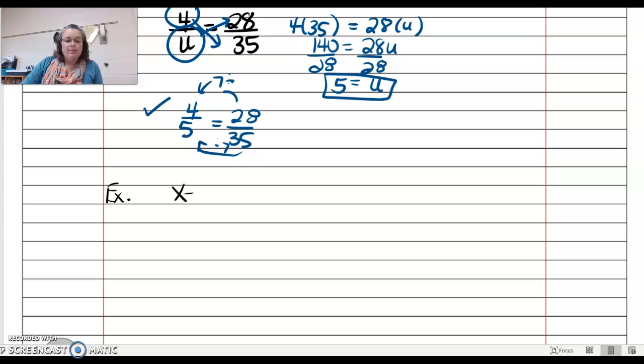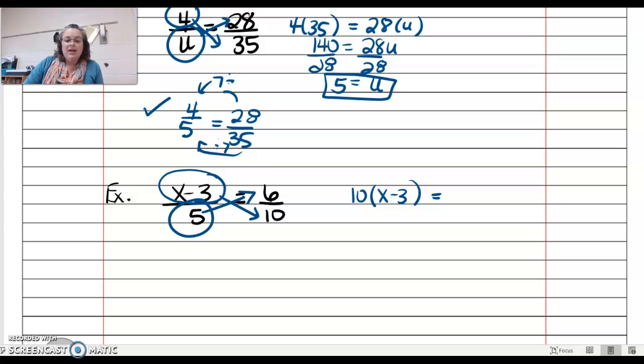If I were to get x minus 3 all over 5 equals 6 over 10. Again, this will work with your means extremes property, but we're taking everything in the numerator multiplied by the denominator. So you have 10 times x minus 3. When does this equal 5 times the 6?